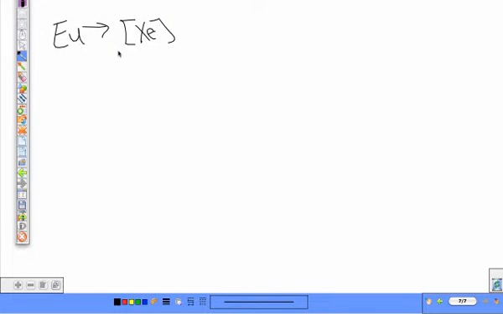After xenon, it's the noble gas that came before europium. So we have 6s2, and then 5d1, yep, and then 4f6. So any of them that are that far down in the periodic table, I'm pretty sure you would use the noble gas configuration, not the whole thing. So we'd be ready for that.